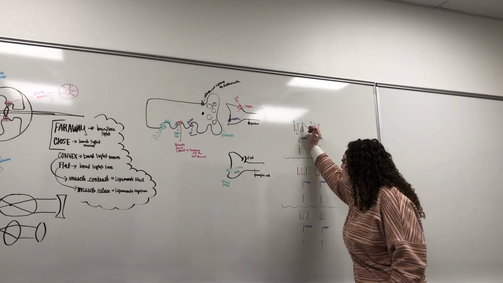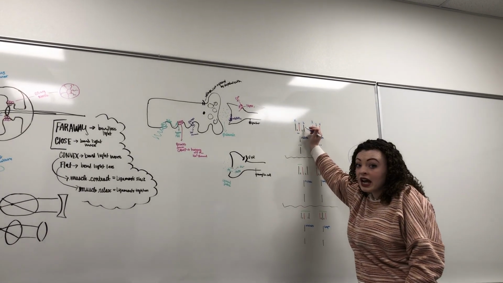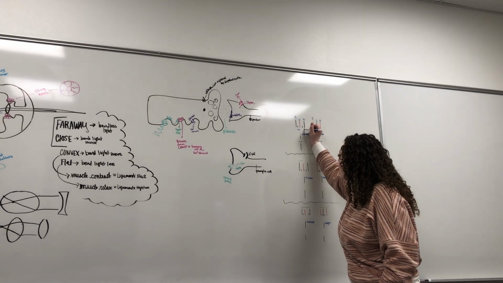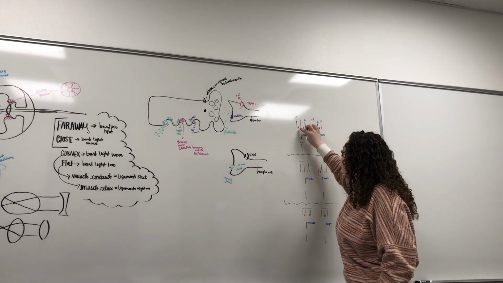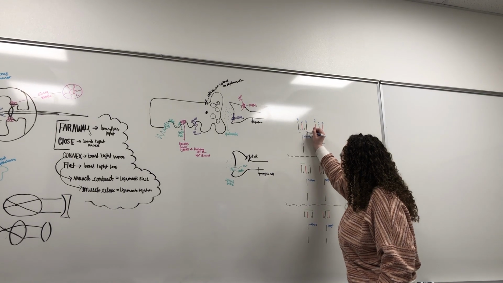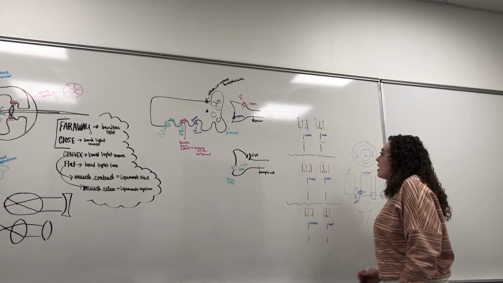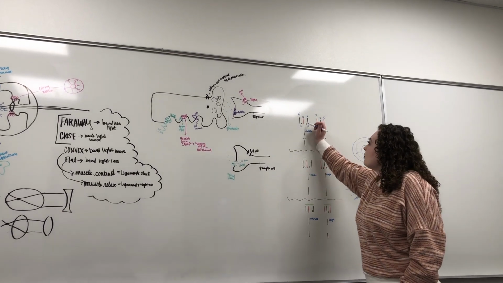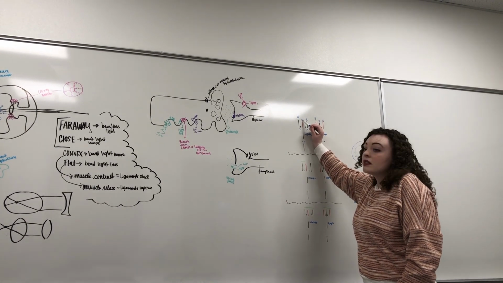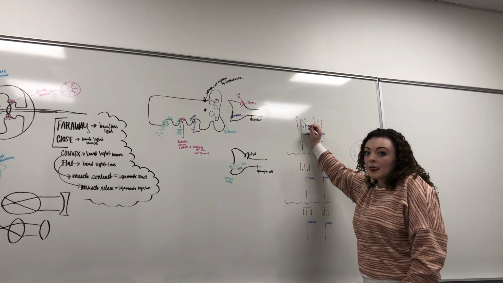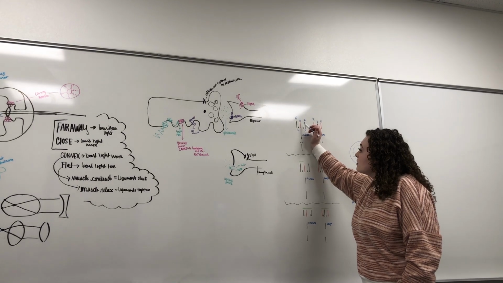Now this is turning on GABA, so you're not going to have any coming from here. So you have 2, none, and then this one is not being stimulated, and so you're going to have 6.